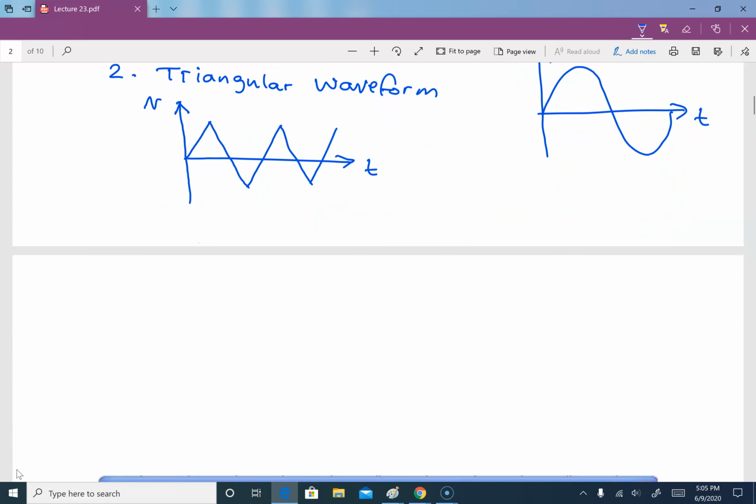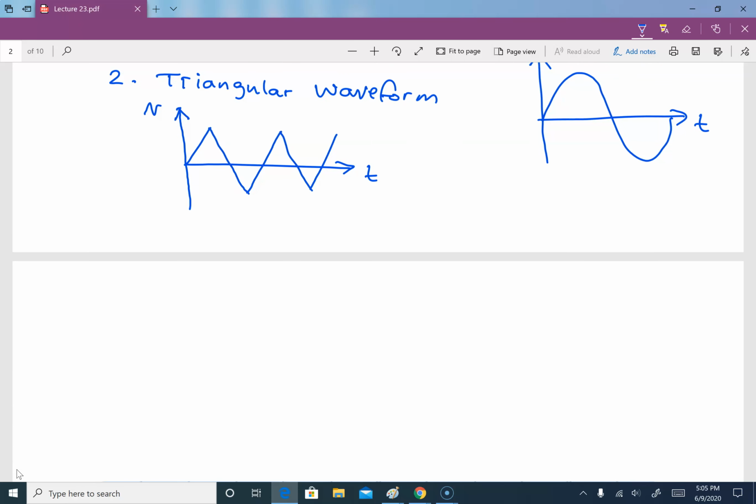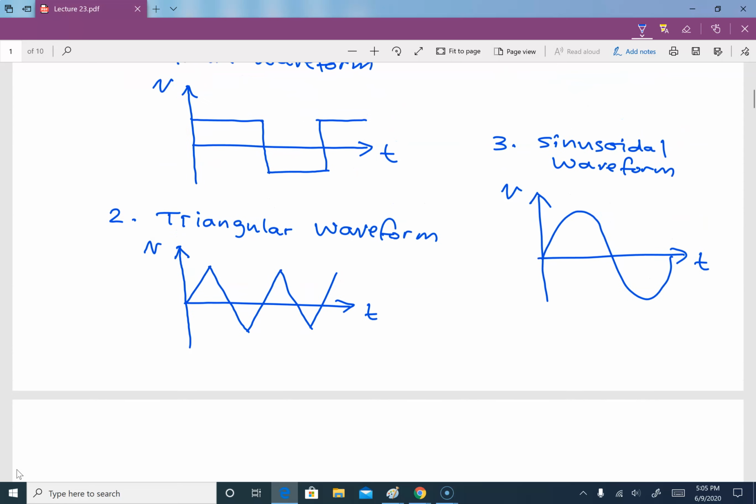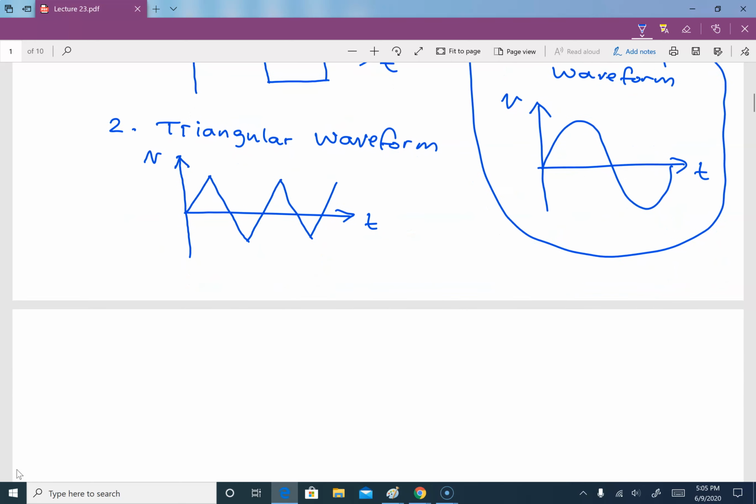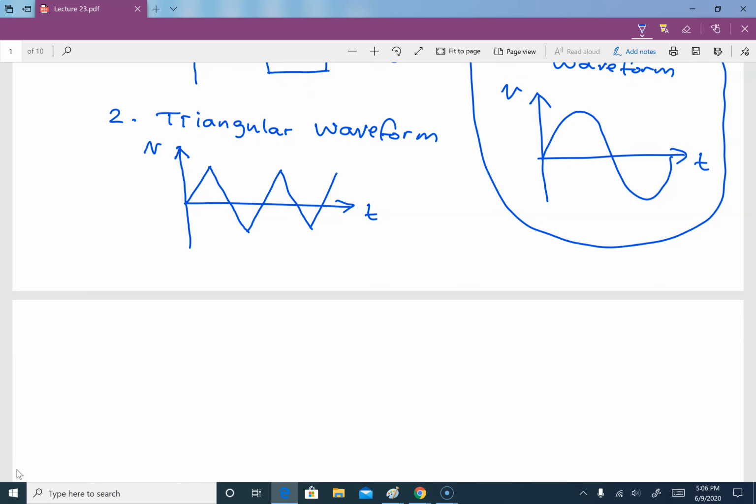In this class, we really concentrate on the sinusoidal waveform, and then we have to go for that in depth.